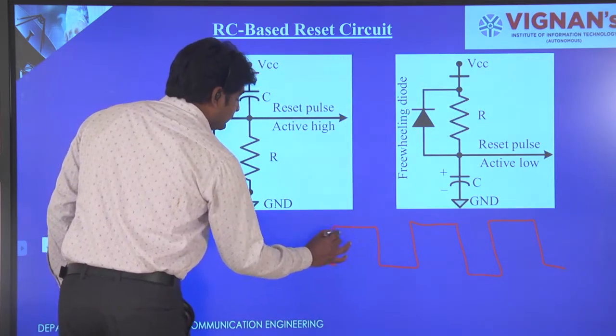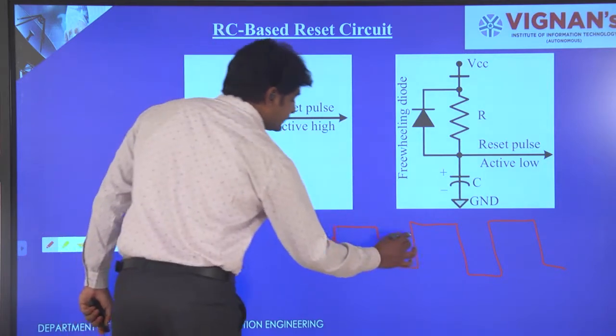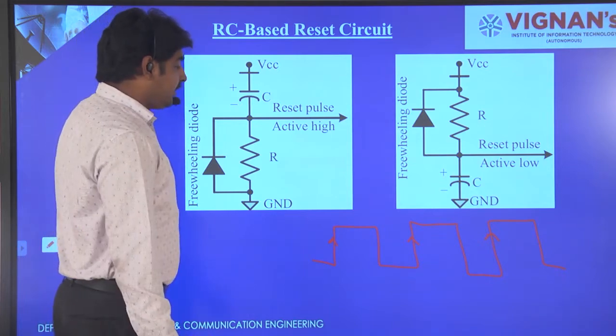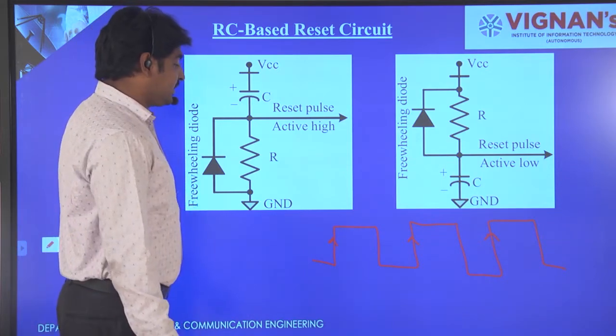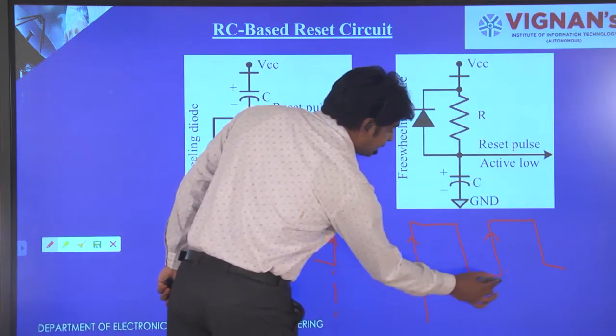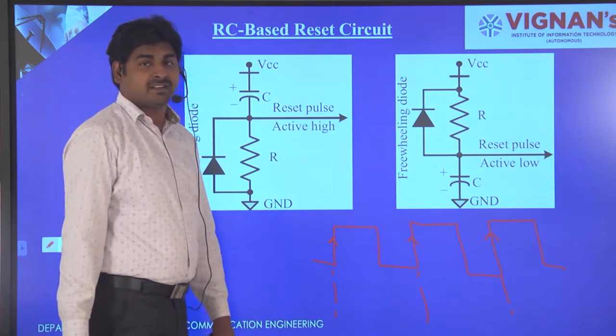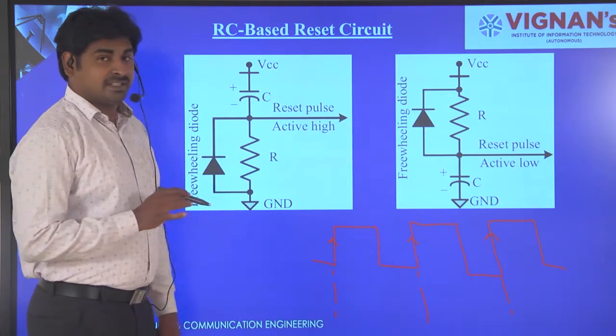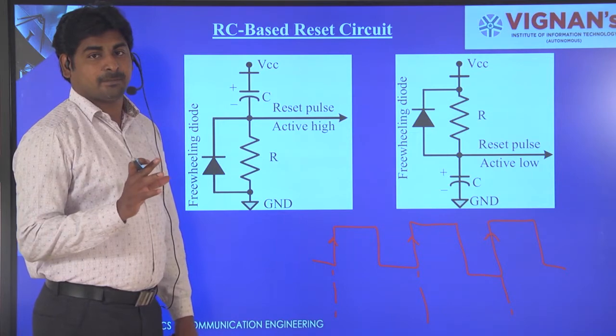Now this clock which I have drawn is an active high clock, which means every operation in the embedded system is performed only during the positive edges of the clock, where the clock is making a transition from 0 to 1. Here the reset pulse should have a large duration.